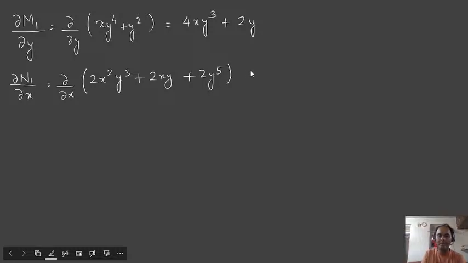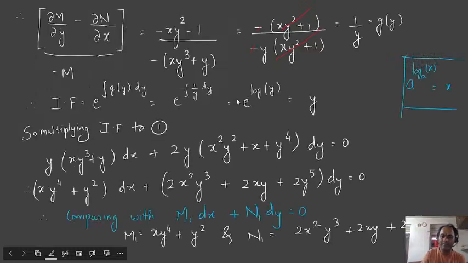Now when we do the derivative over here, it is 4x y cube, and then here it is 2y. So therefore dou M1 by dou y is equal to dou N1 by dou x.